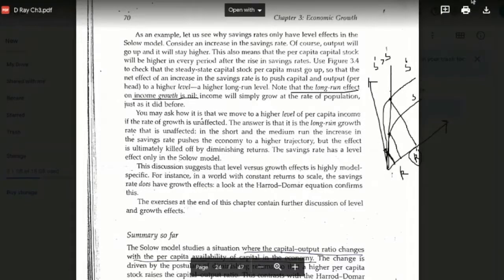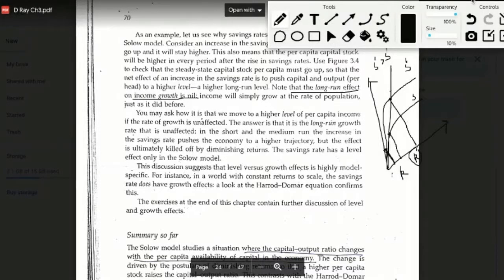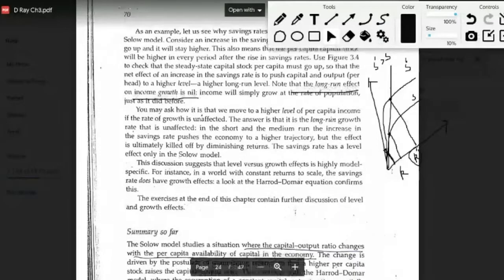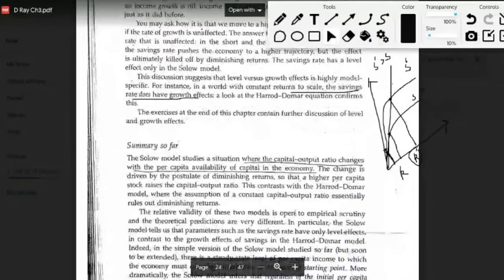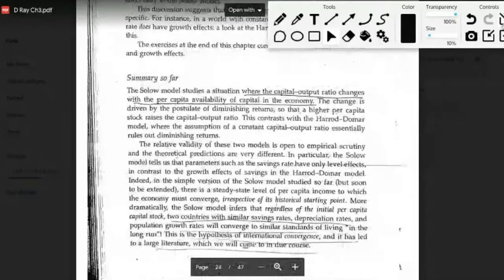The reason why this is happening in the Solow model is because we assume a situation where variables such as the capital output ratio are endogenous, meaning that the value of the capital output ratio will change with the per capita availability of capital in the economy, which was not really presented in the Harrod model.